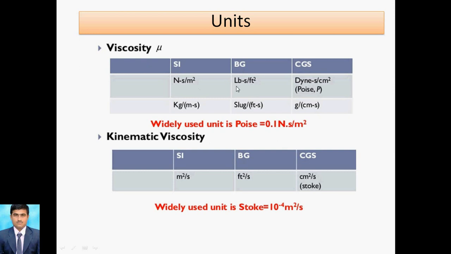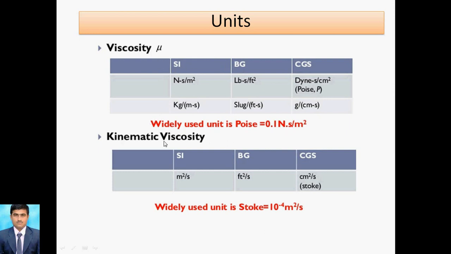For British standard we express it in lbf second per feet square, or in case of CGS we can write it as dyne second per centimeter square, called poise. For conversion, 1 poise to Newton second per meter square is 1 by 10, or you can say 0.1. So this is the importance of the unit for viscosity.